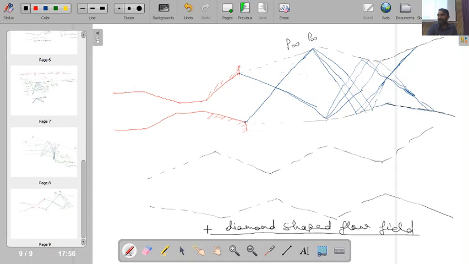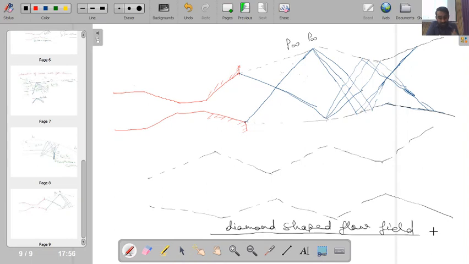Right now what I am saying is, if my nozzle is directly exiting into the ambient conditions, then I will be finding that the compression or shock waves and the expansion waves will keep on interacting with the free stream, and we will be experiencing that we are having some diamond shaped flow field.